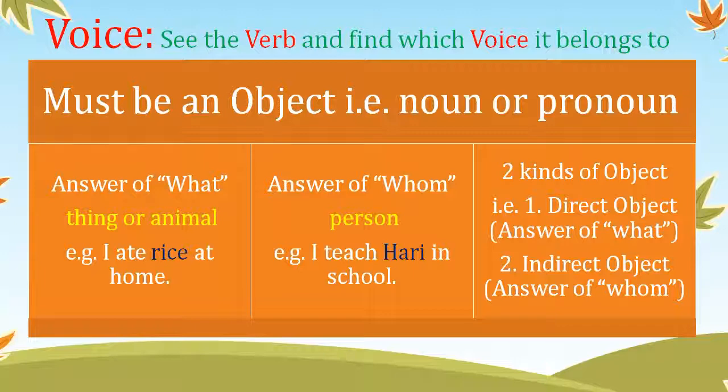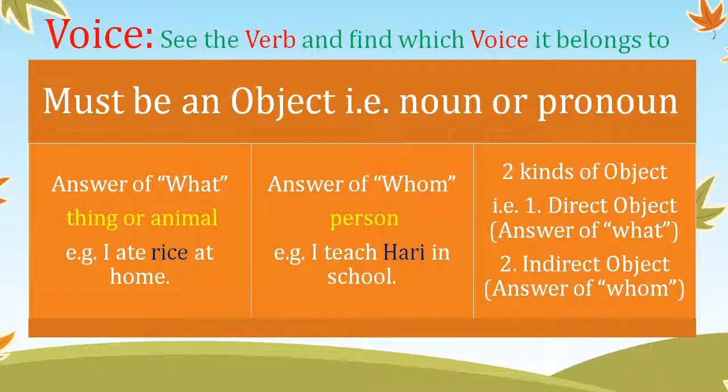The object means noun or pronoun. After the verb there must be a noun or pronoun, that is an object. If the verb does not take an object, then we cannot change it into passive voice. If you want to convert from active voice into passive voice, you should not forget.